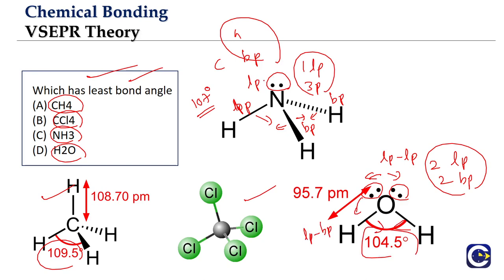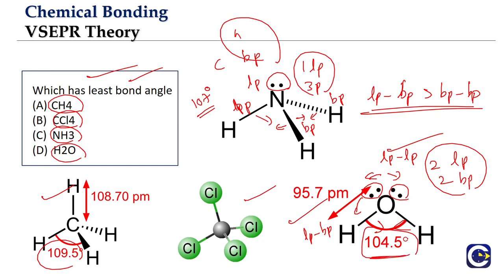In ammonia we have only the lone pair bond pair repulsions which are dominating the bond pair. But in this case, lone pair repulsions are there, and lone pair bond pair repulsions are also there. So they will repel in such a way that the bond pair of electrons will come even closer. So we will see the bond angle to be 104.5 degrees. So which of them is having the least bond angle here? What is the answer for this?